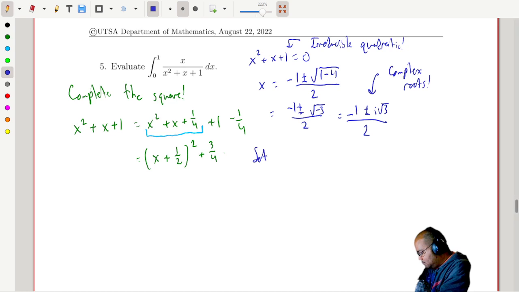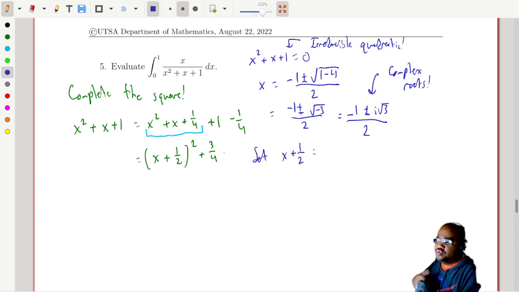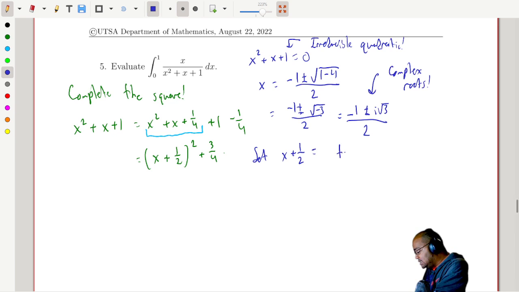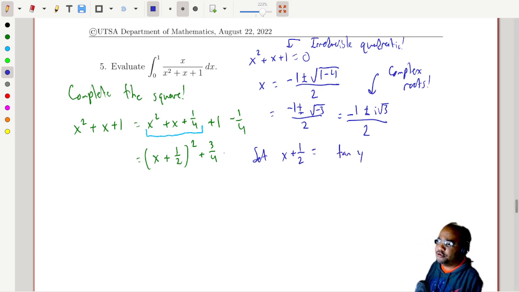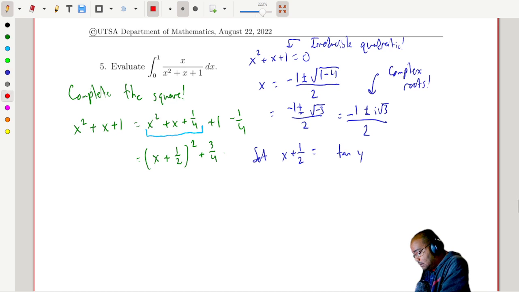We're going to set x plus 1/2 equal to, well, what? Well, I'm going to use a tangent substitution since it's a sum of squares. So I'll write this as tangent y here. Okay, I don't want to use theta. It's going to look a little sloppy. But what do I choose for my a? Remember, for my a, okay, let's do this here.